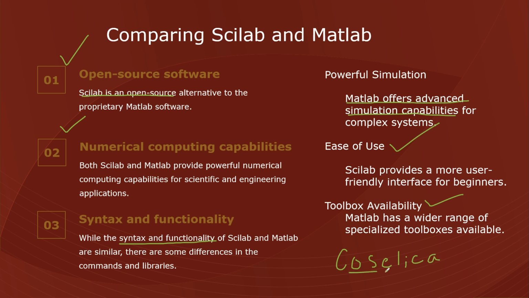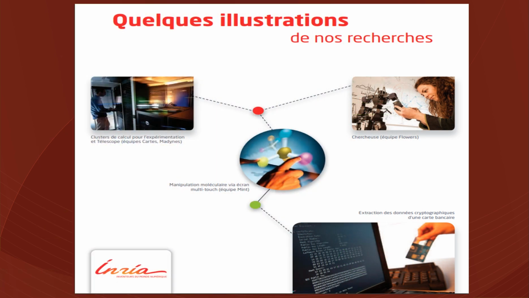And Scilab is actually a French product. It's made by a French company called Inria, as you can see here. And the reason Scilab is very similar to MATLAB is because it's meant to be. It's designed to be a free, open source alternative to MATLAB. And like I said before, this is all in French.